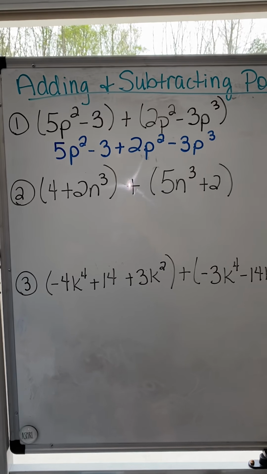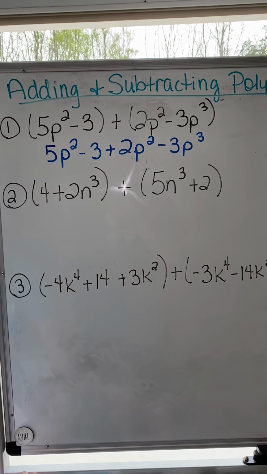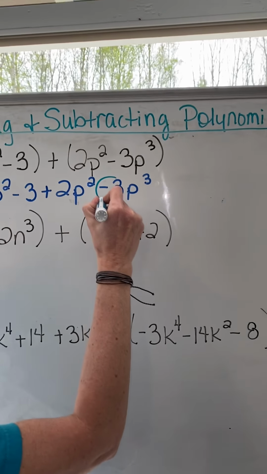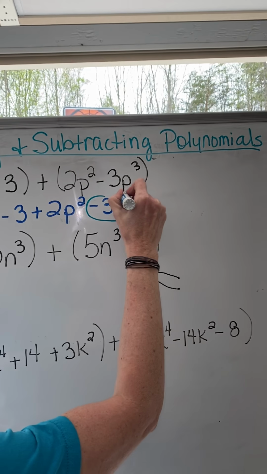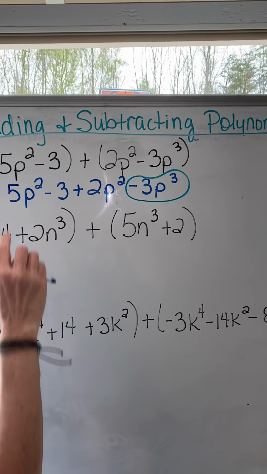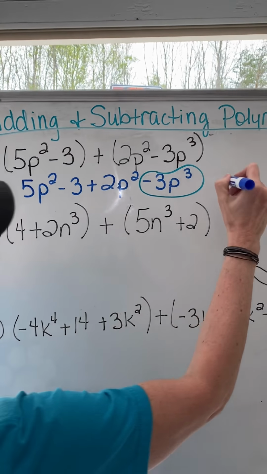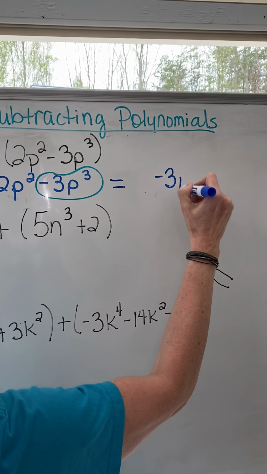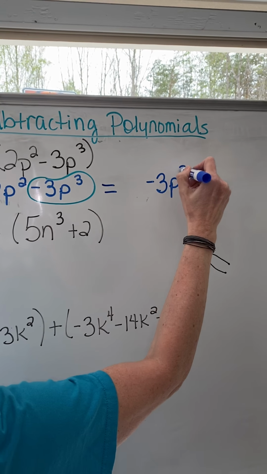If I look down the line, my term with the highest exponent does not have anything else that can go with it. So when I come over here to put my answer, this is going to come first by itself because there's nothing to combine with it, okay?